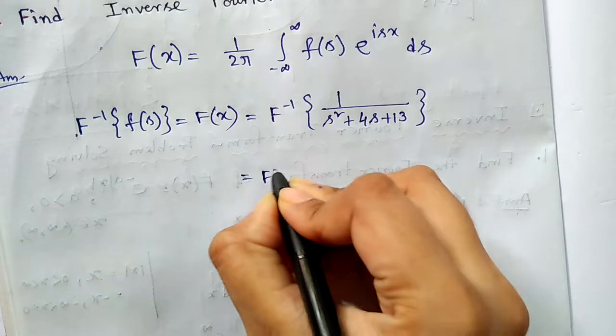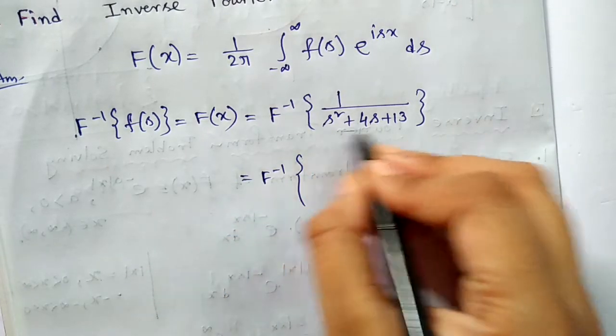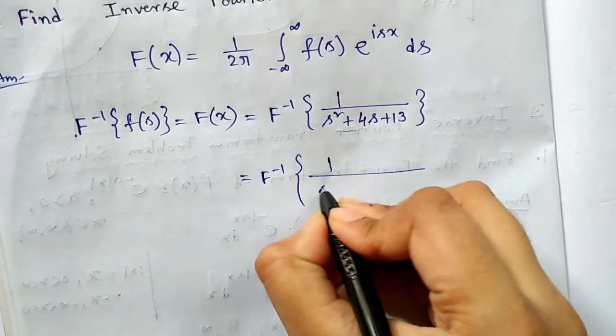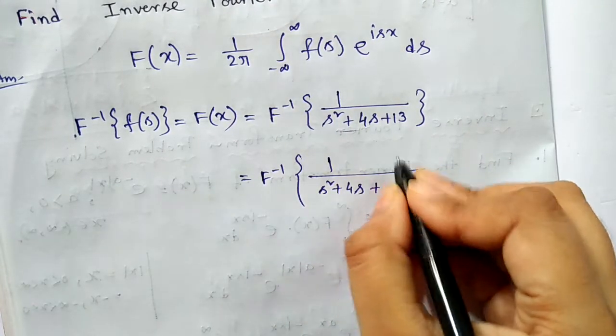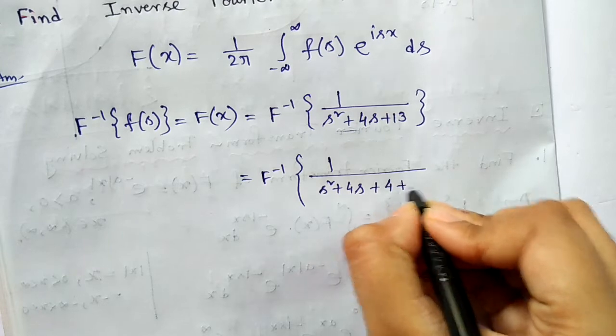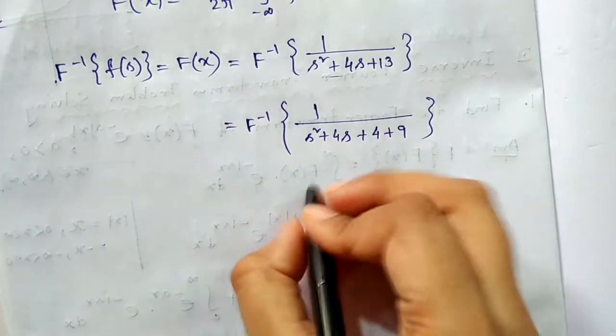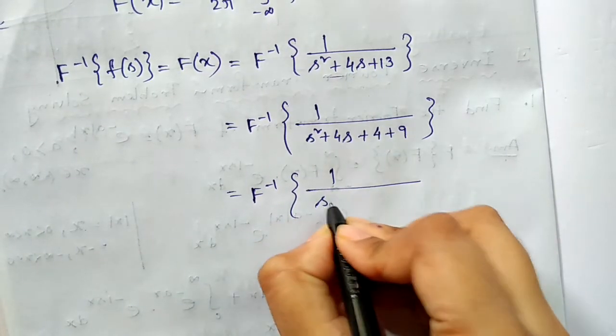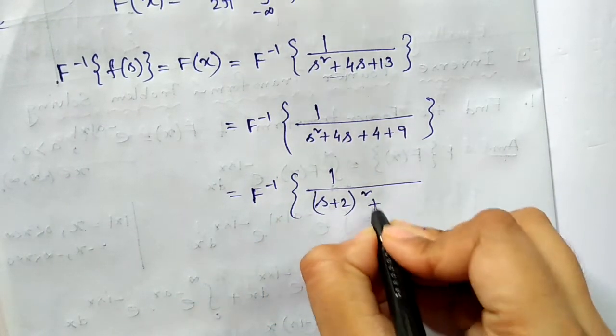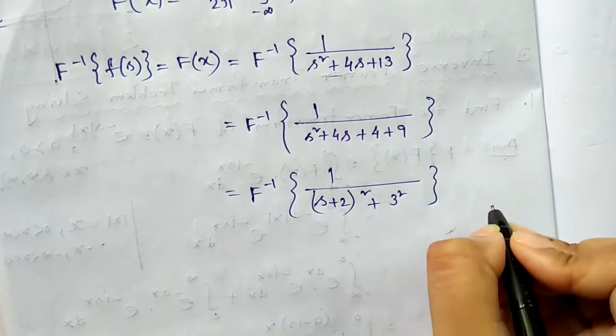So we first rearrange the denominator: s square plus 4s plus, now 13 can be written as 4 plus 9, so that we can get this term (s plus 2) whole square plus 3 square.